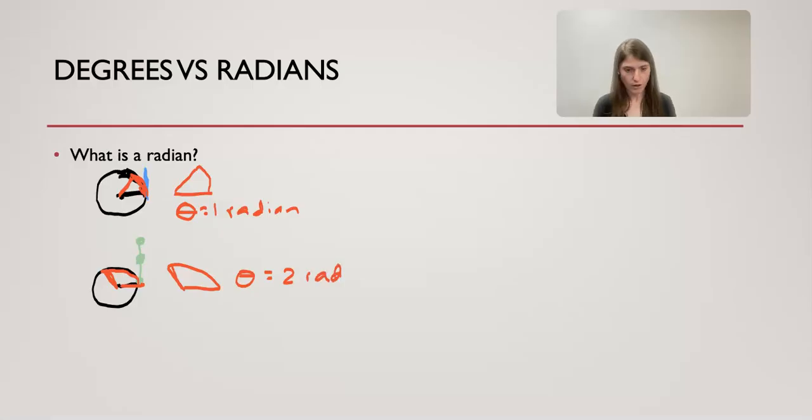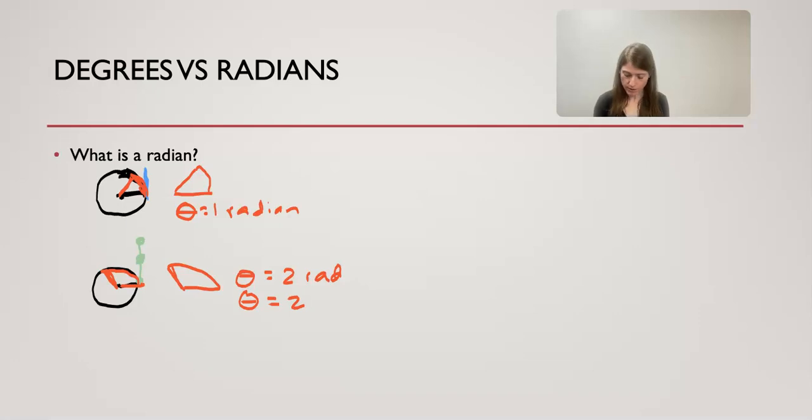We can abbreviate RAD. And in fact, when we talk about radians, you don't actually have to put the unit. So if you just saw something like theta equals 2, the angle is 2, and it has no unit measurement. It doesn't say radians, but it also doesn't say degrees. You can assume that 2 means 2 radians. So 2 radians is the angle that's formed by 2 radius wraps.